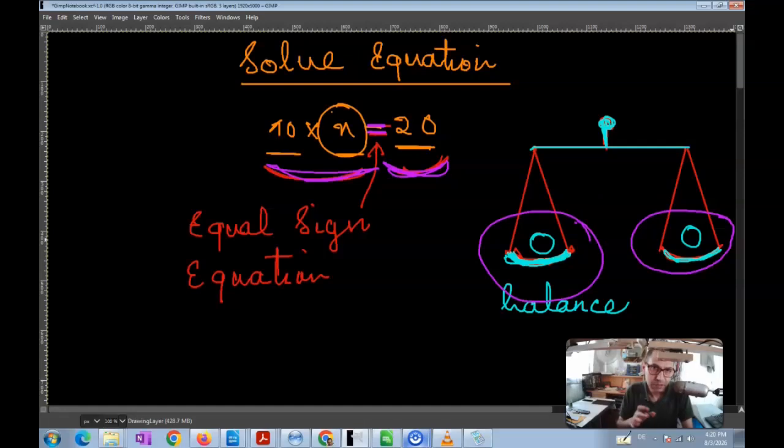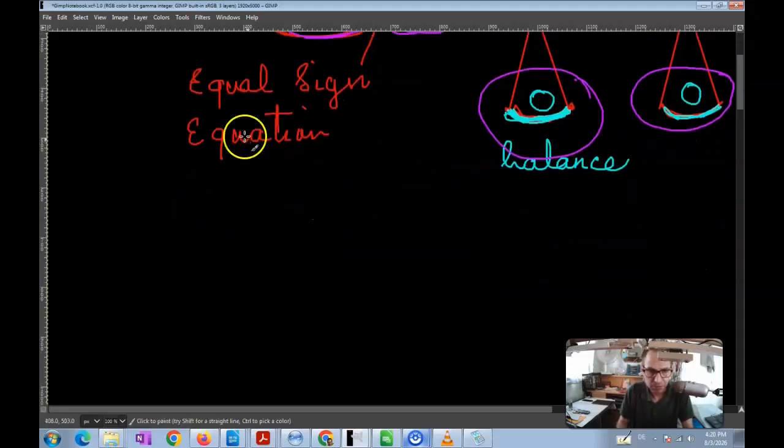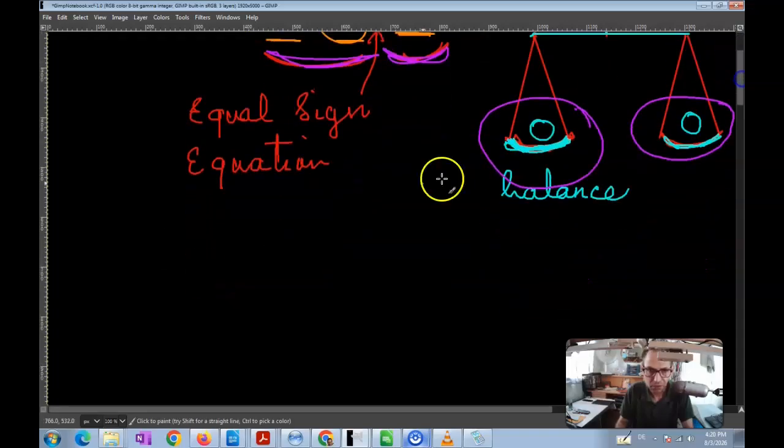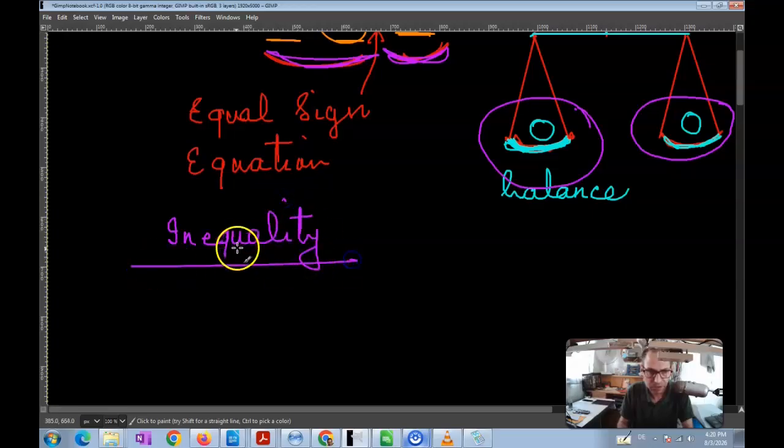And then of course there are inequalities. This is called an equation, and then there is also something called an inequality. Based on the name, the two things are supposed to be unequal, meaning not equal, right? So you would say, for example, 2x plus 3 is not equal to 5.